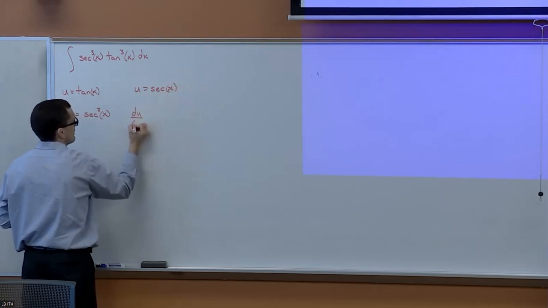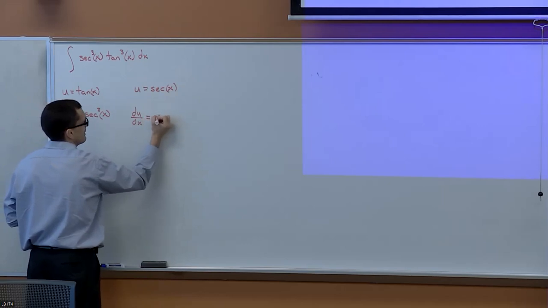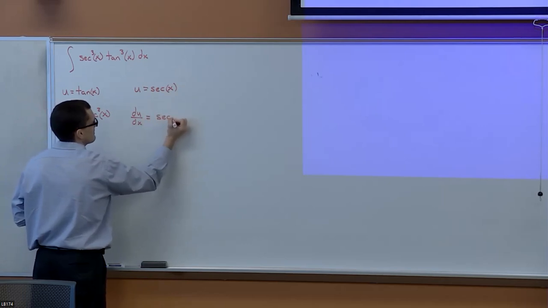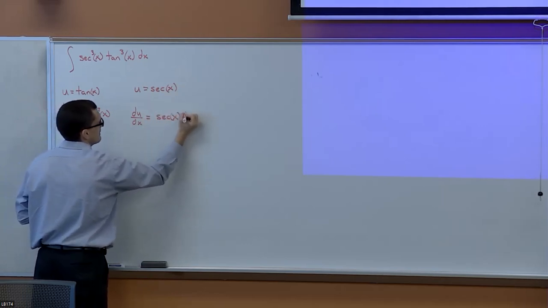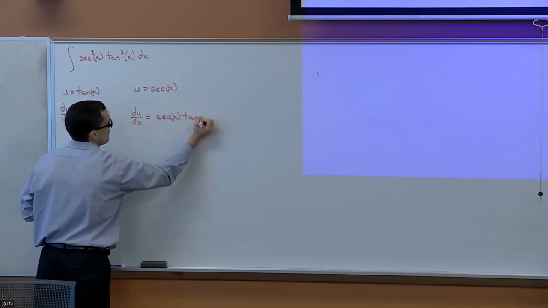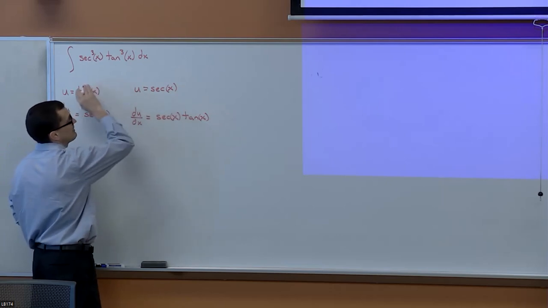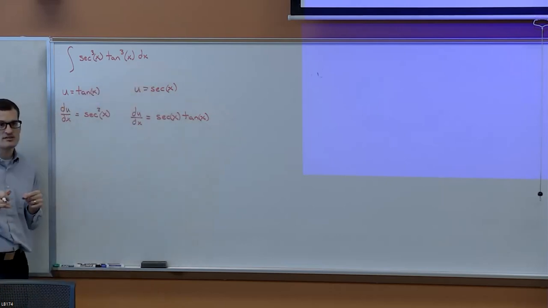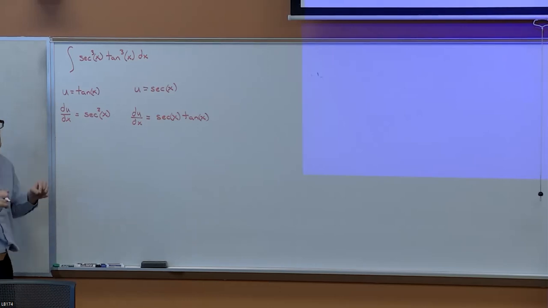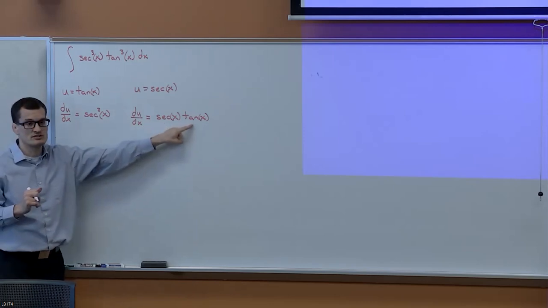And when you take a derivative of secant, that is secant times tangent. So you're gonna have to peel off one copy of secant, one copy of tangent, and attach it to the dx. Okay. Which one of these do you think is gonna lead you to a better place? Peeling off a secant squared or peeling off a secant tangent?